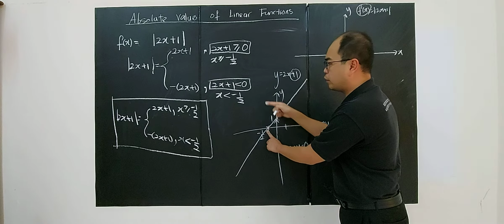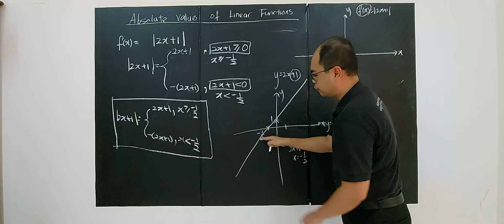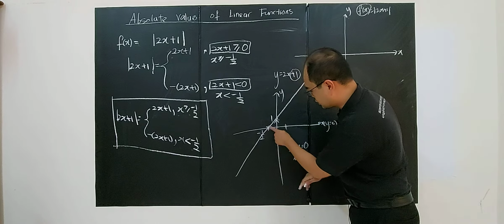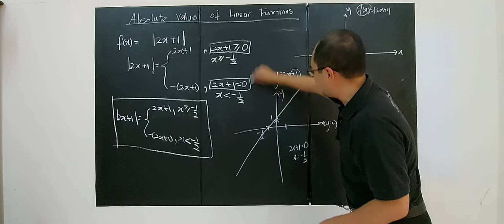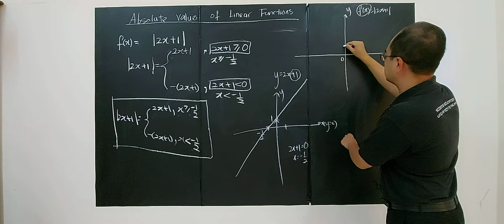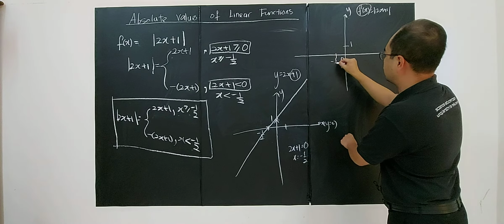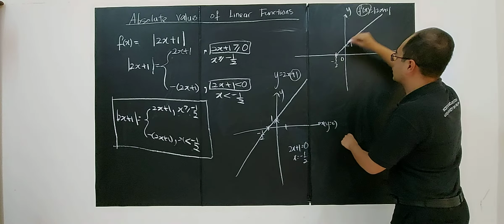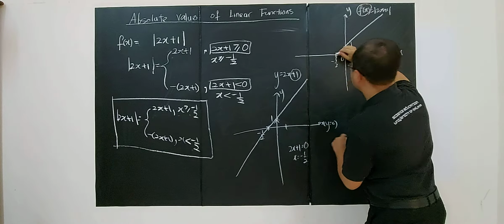But when you put a modulus, the negative part of the graph, which is below the x-axis, will be reflected, right? So I re-sketch here. Negative 1 over 2. For this part here, it will be going up.